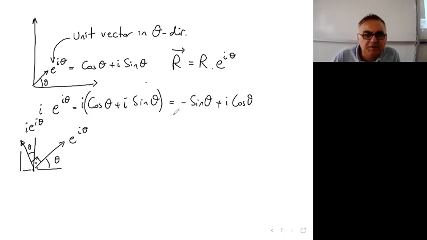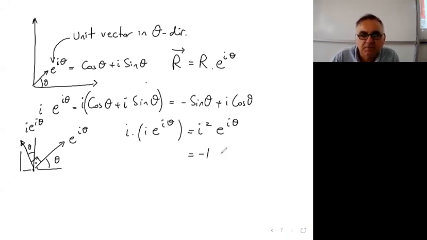If I multiply it again by i, it makes i squared e to the i theta, but i squared is minus 1, so it is minus e to the i theta. So minus e to the i theta means it's in the negative direction.